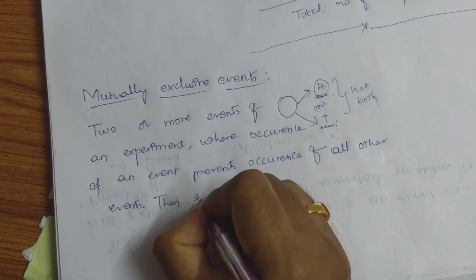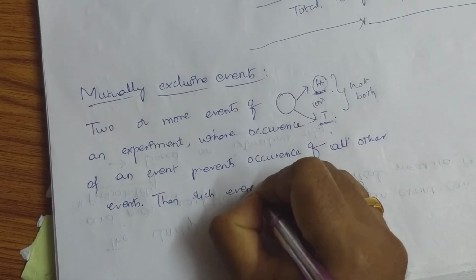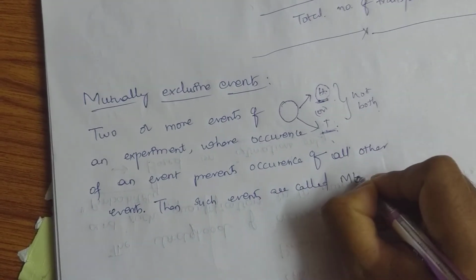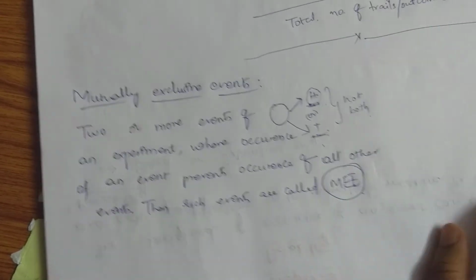Then such events are called mutually exclusive events. So when the head occurs, the tail will not occur. I'm writing it in short form.